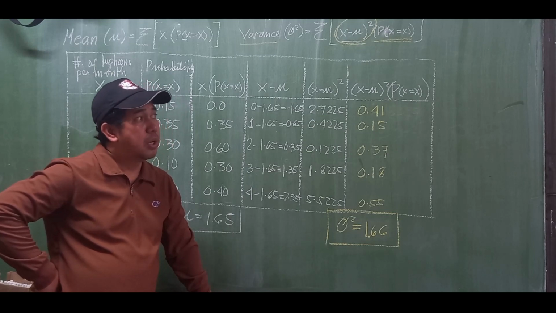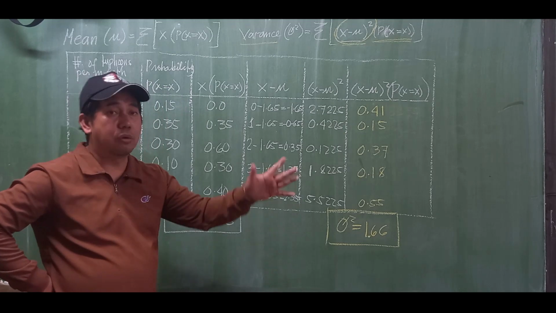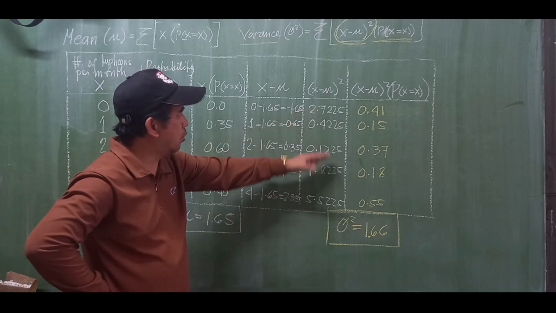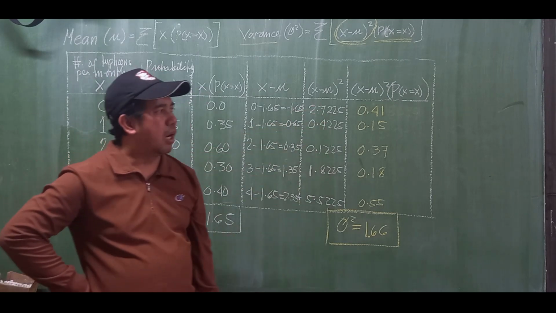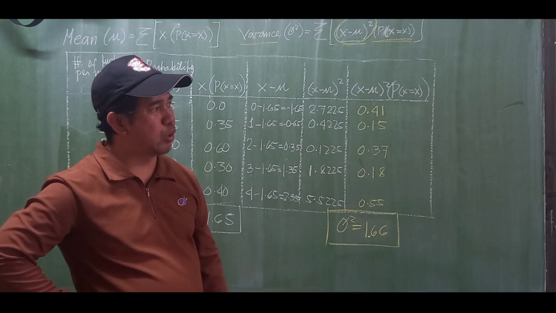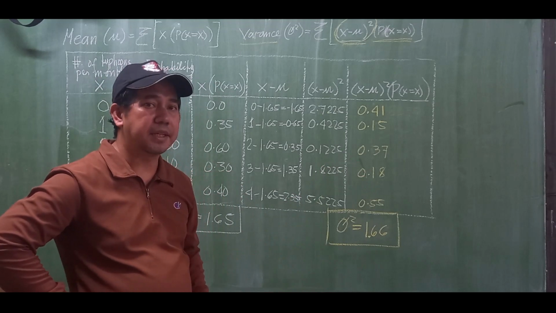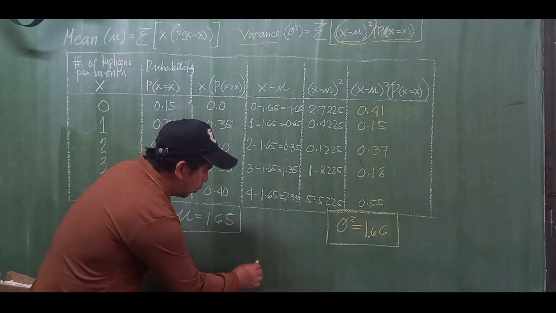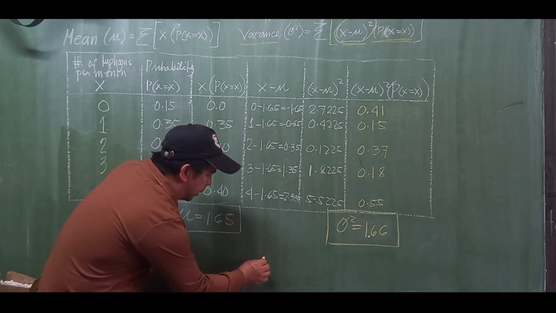Now as you can see, with our long method a while ago, we tried to have a shortcut. We rounded off everything, and so there is a discrepancy with what we computed, which is 1.33.